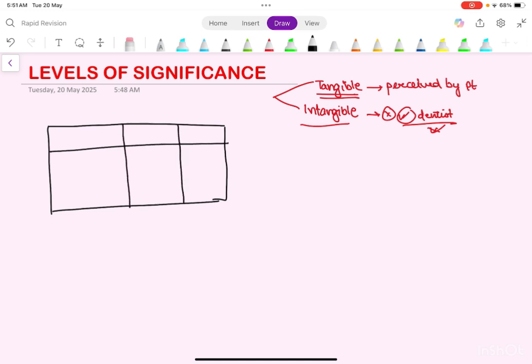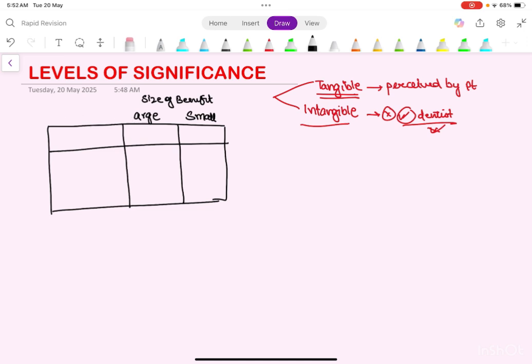So this is large and this is small. This is basically the size of benefit. Then nature of benefit. Let me write it with a different color.